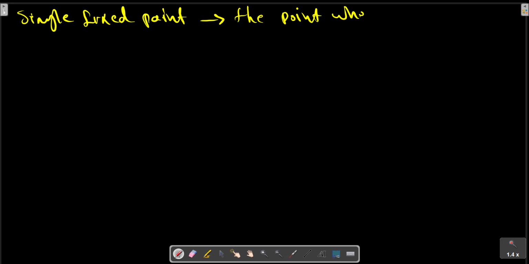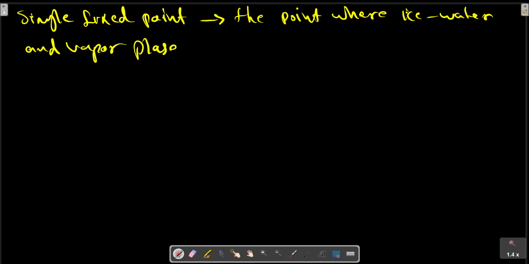The single fixed point is the triple point of water, which is the point where the ice, water, and vapor phases of water exist together at equilibrium.